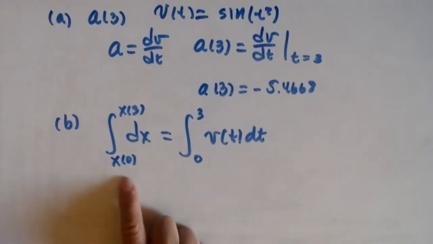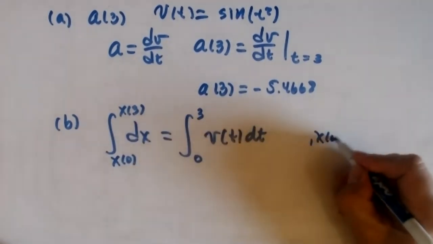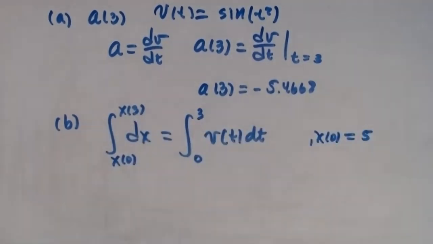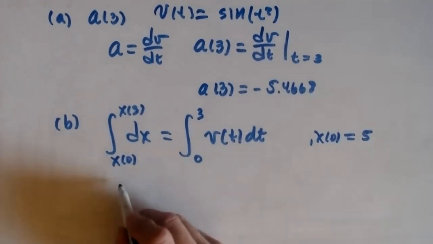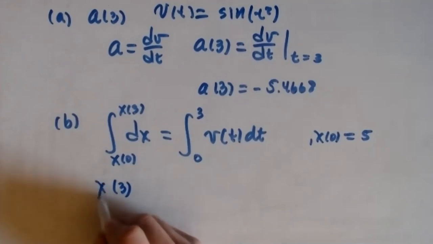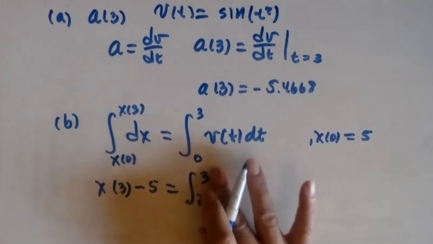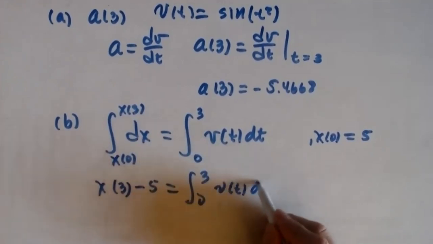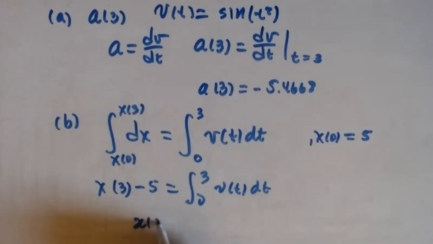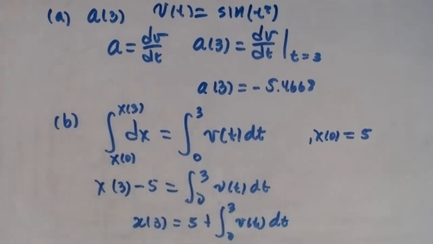Then you know that x(0) equals 5. So you're going to put here, and then you put this in the calculator, correct?